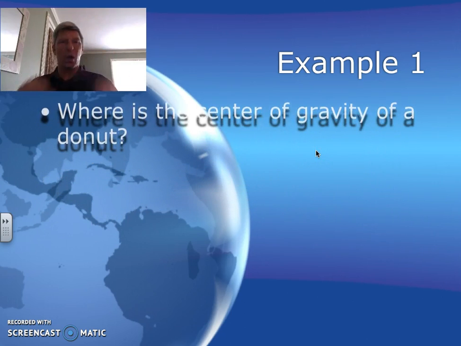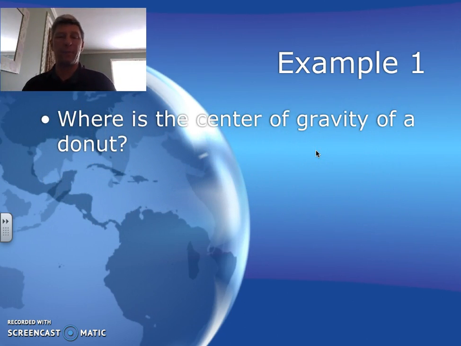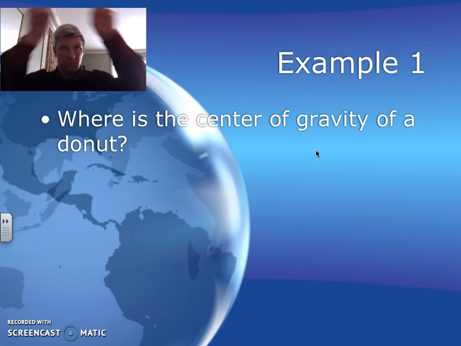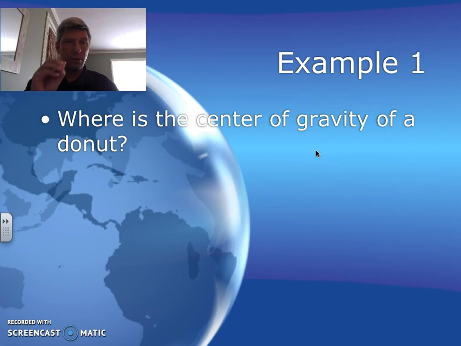That hole has no donut material in it. The donut is all around that hole, but there's no dough in the middle of the donut. And so therefore, interestingly enough, the center of gravity is located in a spot where there is no donut. It's in the middle of the donut, but there's no actual donut material there.